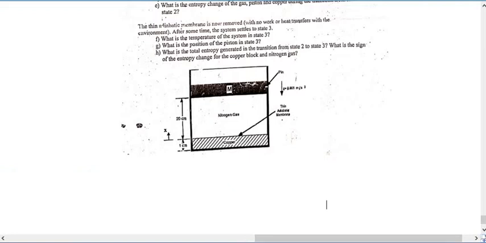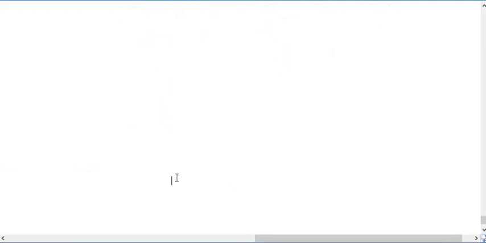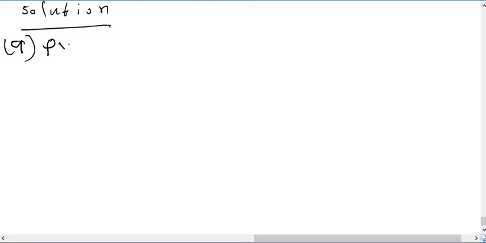So we start with the solution. For A, we are asked to find the mass of nitrogen content. So we use the equation of state, that is PV equals mRT.